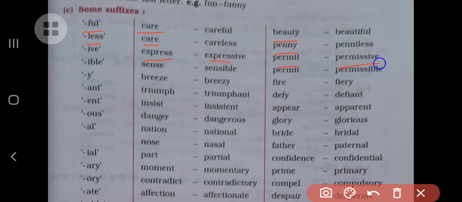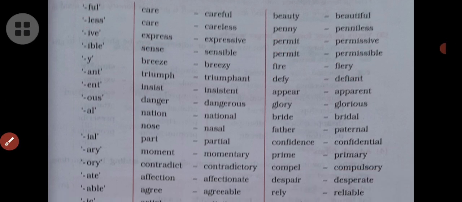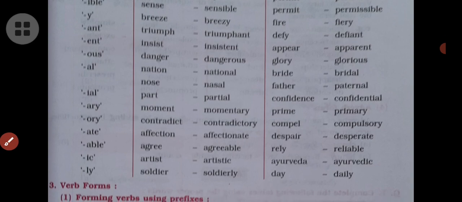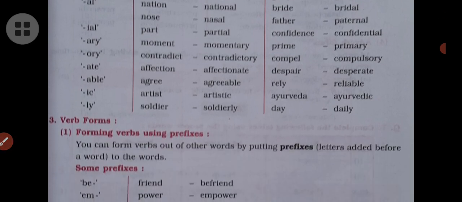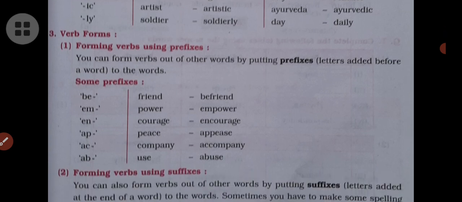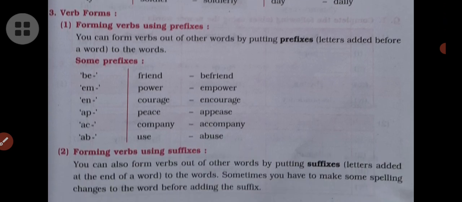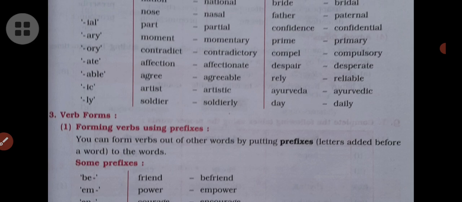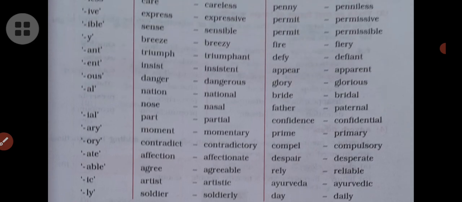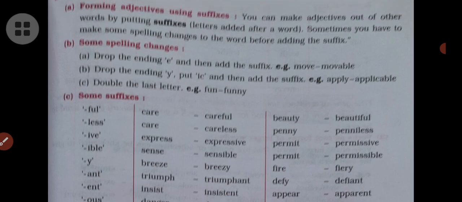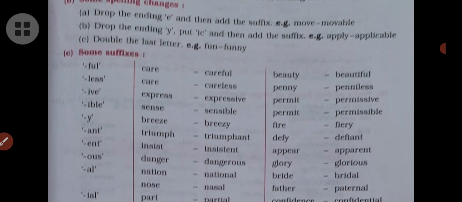Permit, permissive. Sense, sensible. Permit, permissible. Breeze, breezy. Fire, fiery. So in this way, these are some of the suffixes. By using these suffixes, different words can be formed. Now just study these words, and with the help of these words, try to acquire the ability to form adjectives.